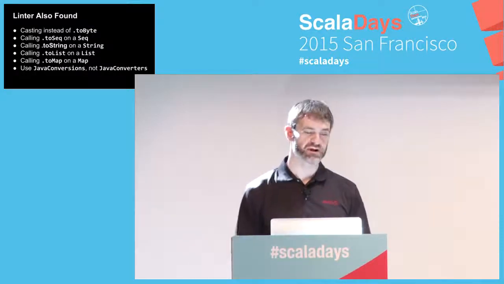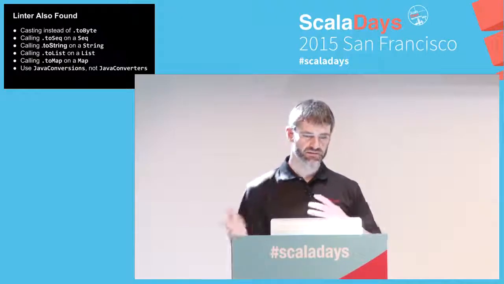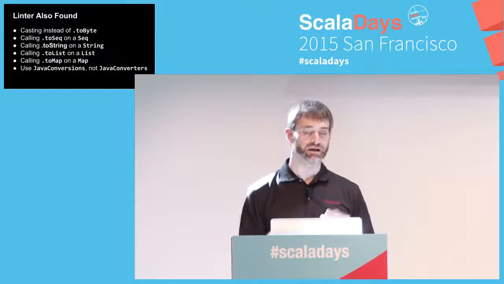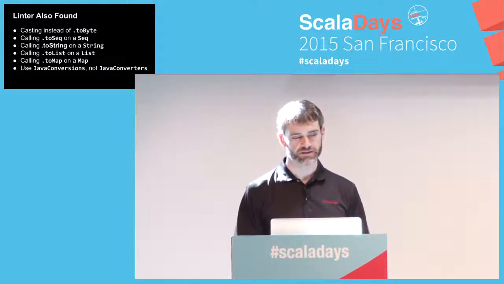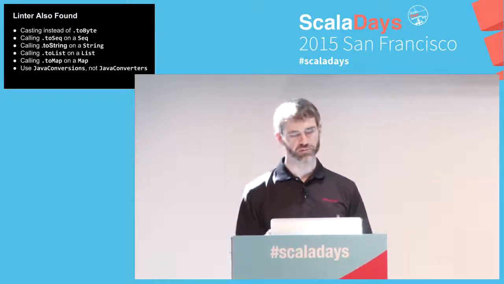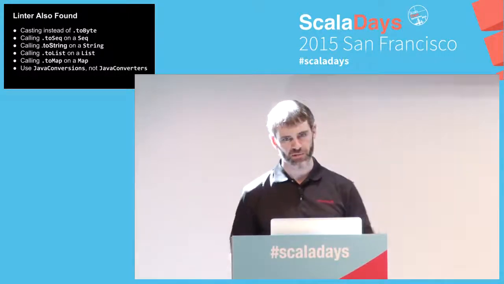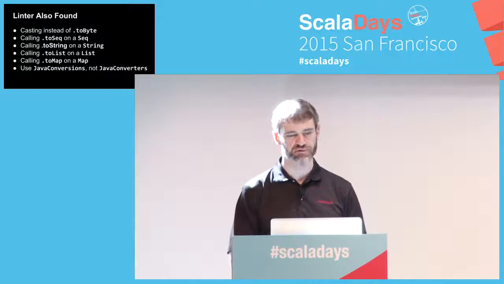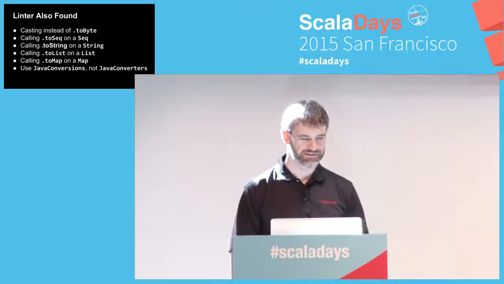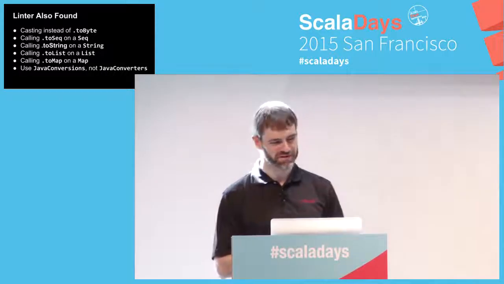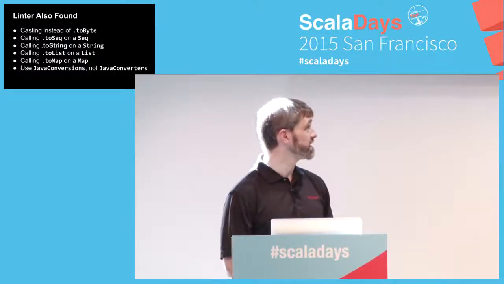When I was first writing Scala, I would cast between numeric types instead of calling toByte or something like that. We tend to end up with toMap or toList on the end of a long, complicated set of filters and maps, and sometimes we'll have done it wrong, and we'll be converting something to a list that was already a list, and it'll detect that for us.